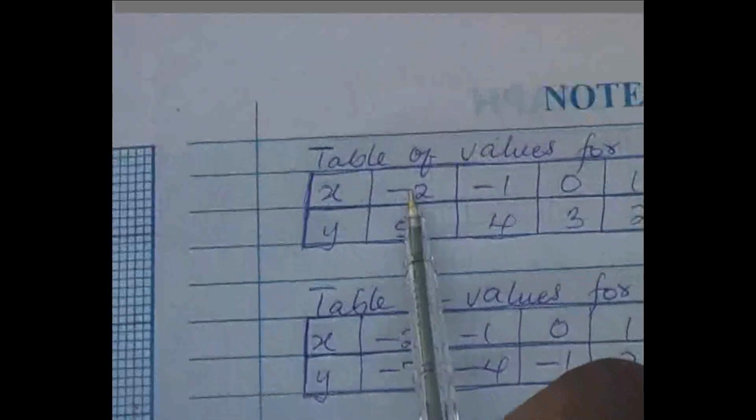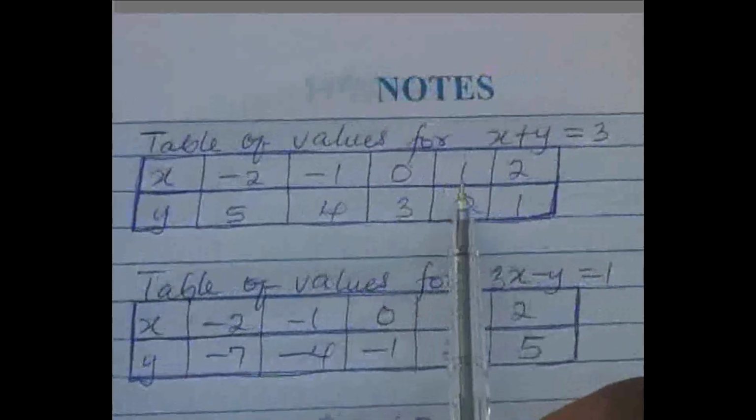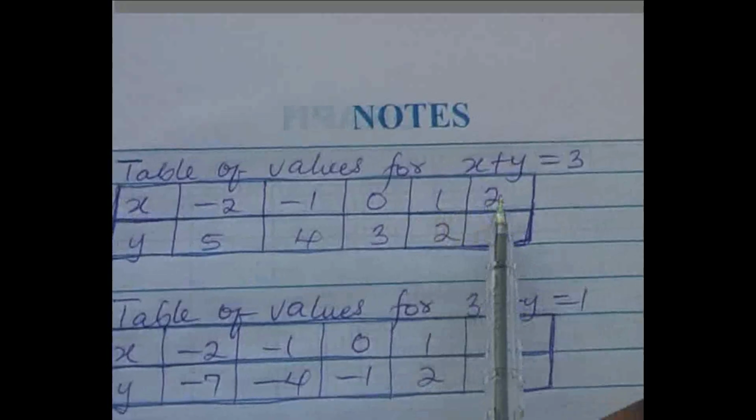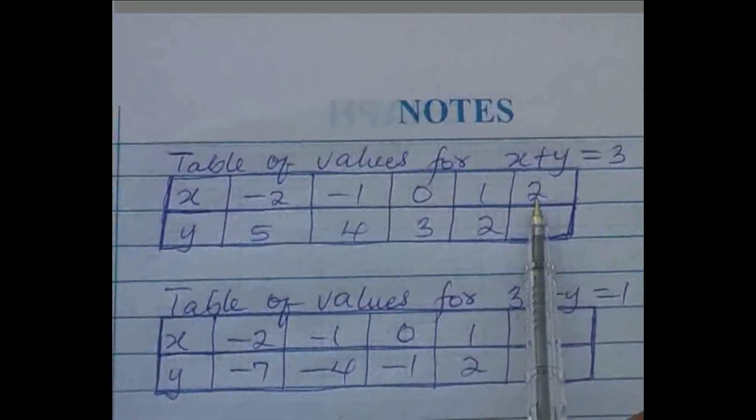Now you have 1, 2, 3, 4, 5, 6, 7, 8, 9, 10 squares on the horizontal. Now you are going to divide this in such a way that it will accommodate both the negative values, like -2 and -1, and the positive values, like +1 and +2, of X.